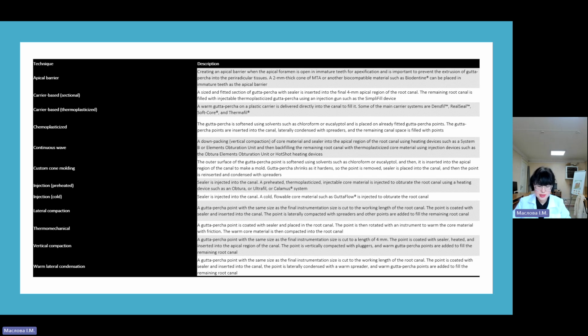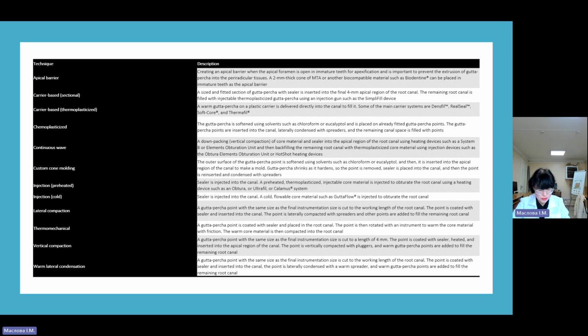Although the material is radiopaque, this property is significantly less than that of conventional sealers such as AH Plus and pulp canal sealer. A recent in vitro study reported that BioRoot RCS was bioactive and biocompatible.